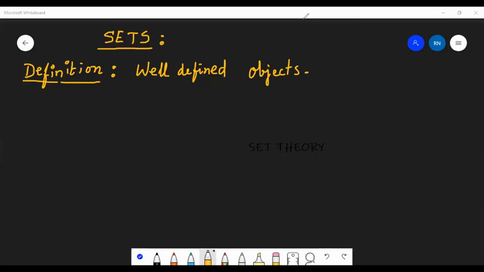Can you show the screen again, sir? The PDF screen. The last screen was the textbook.